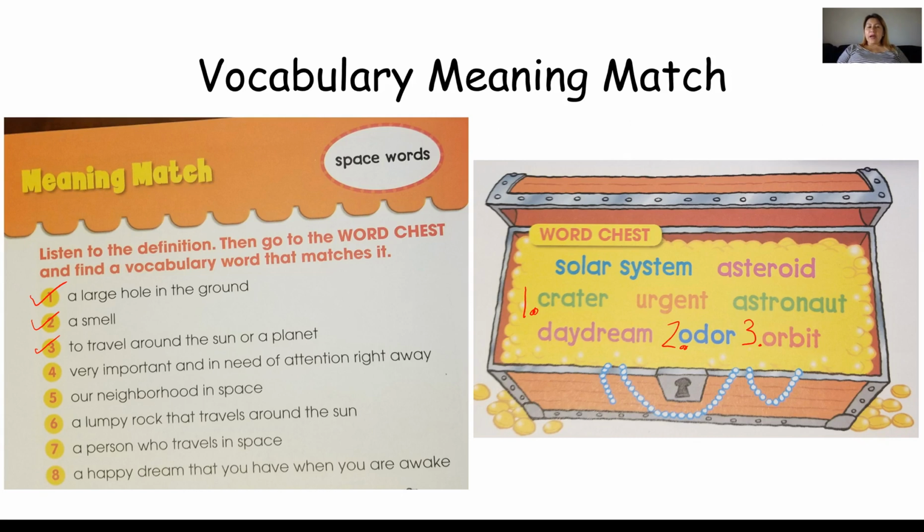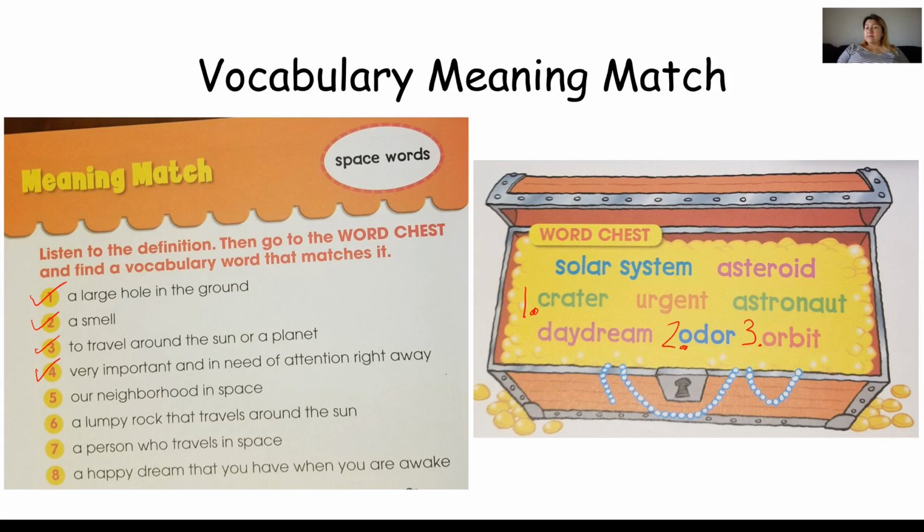Okay, so if they have a number, that means that we've already used them. We are not going to use them again because we already found their definition. Okay? All right, let's go to number 4. Very important and in need of attention right away. Remember, Grace got a notice from Mission Control and they said that it was what?